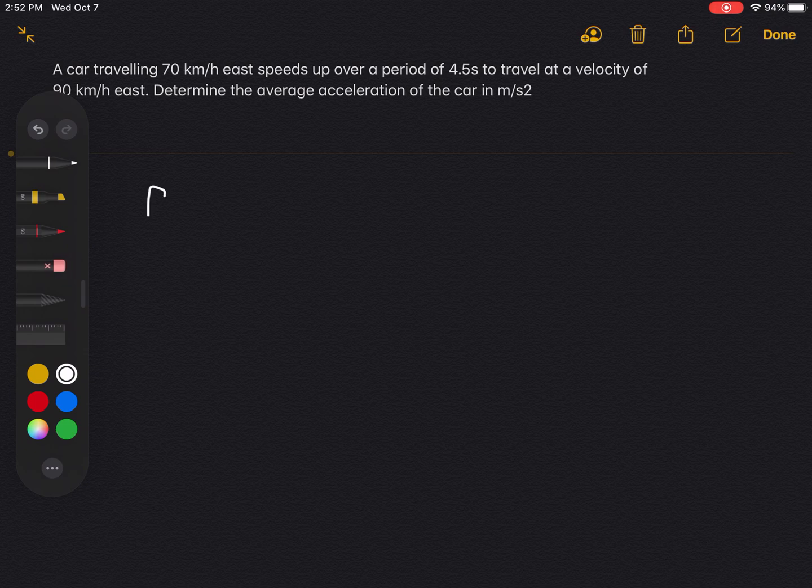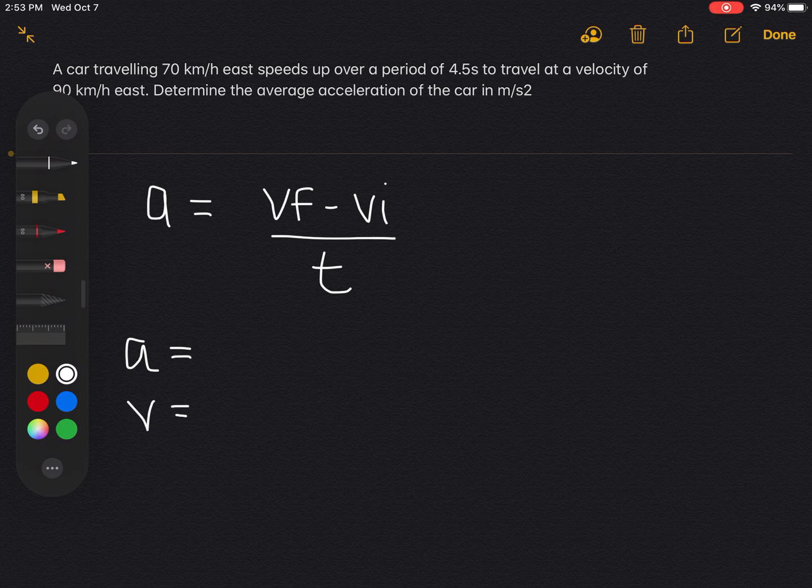So I'm just going to rewrite our formula that we had on the last page, just so we remember what we're trying to figure out. So all of these pieces, we've got acceleration, velocity final, velocity initial, and time. So let's see if we can figure out what pieces are there.